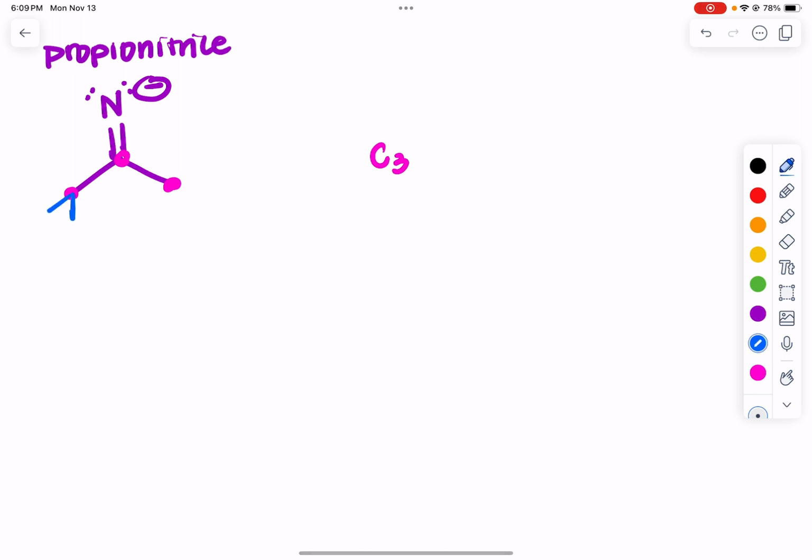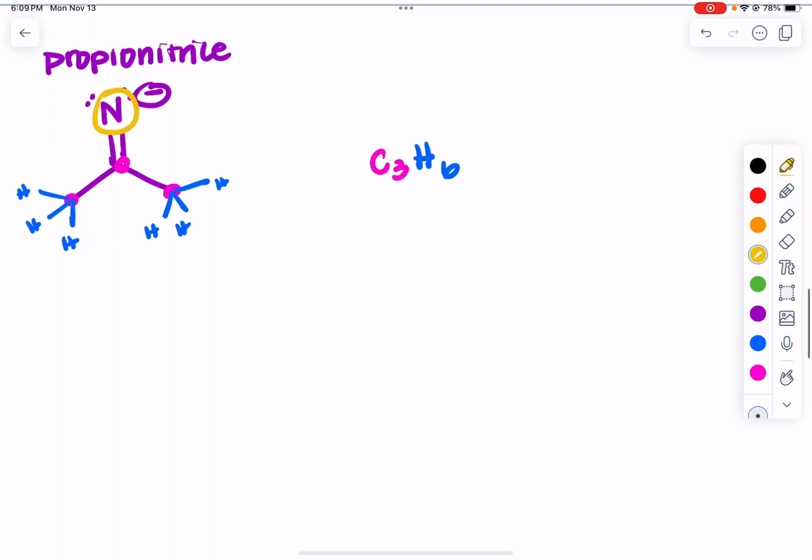There should be 1, 2, 3, 1, 2, 3 H's to satisfy the octet. And then, of course, we're left with our N up here. This is the chemical formula.